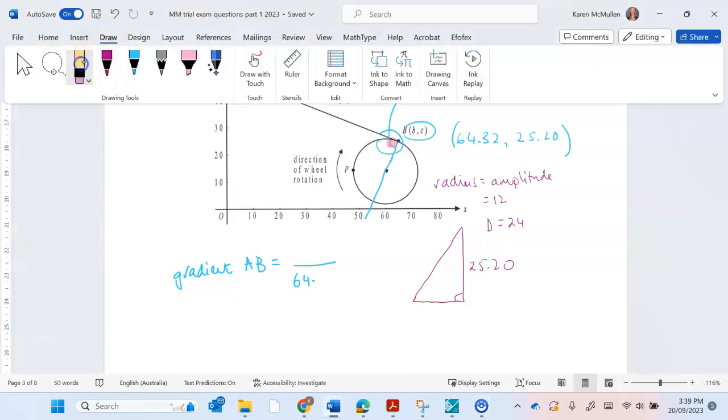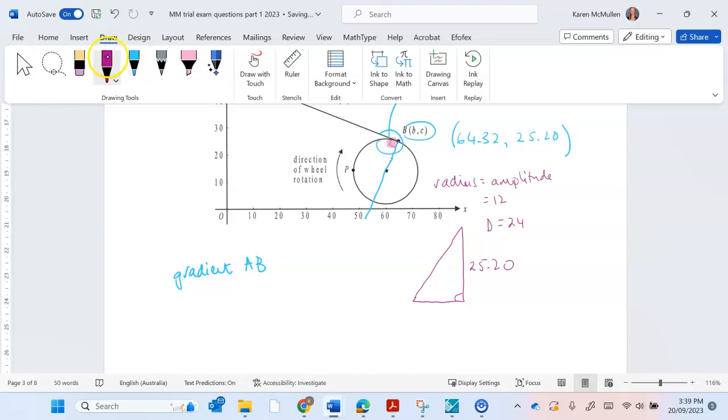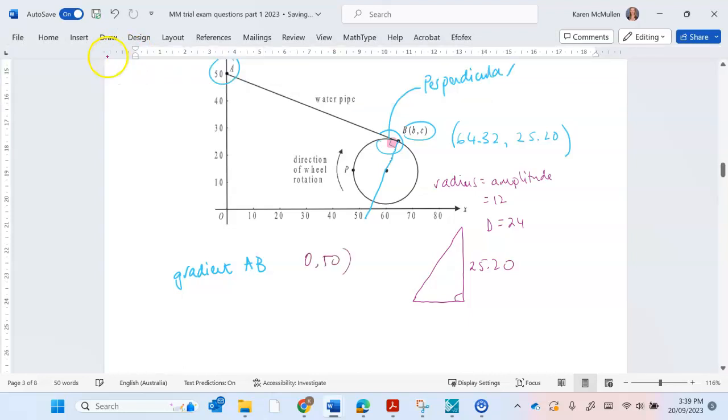I'm just going to write these points down before I forget. So we've got the point 0, 50 and our other point is 64.32, 25.20. So we're going to use y2 minus y1 over x2 minus x1.